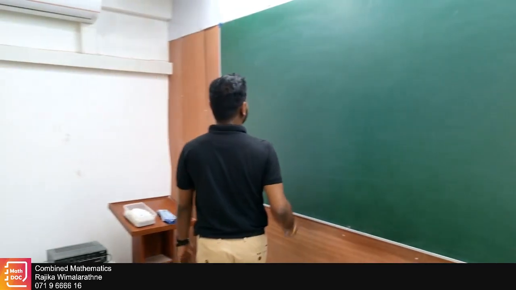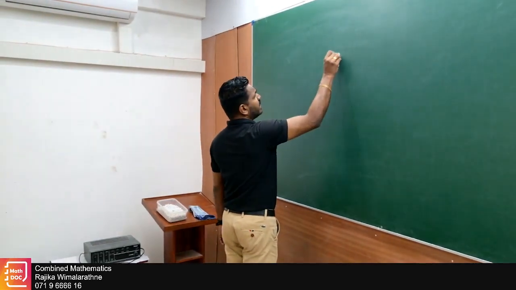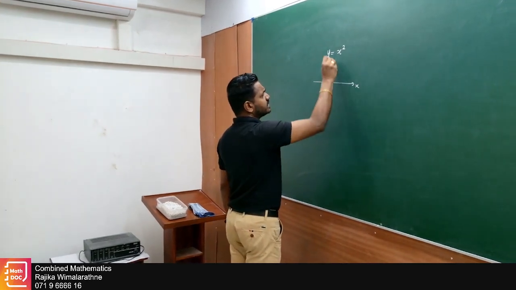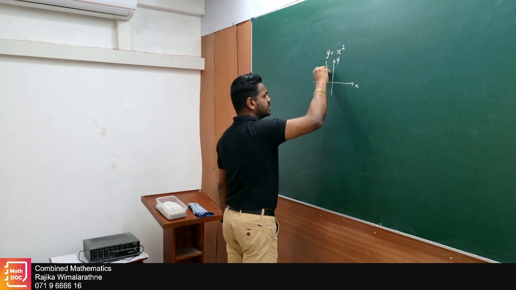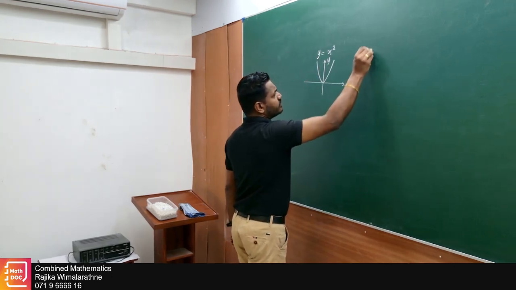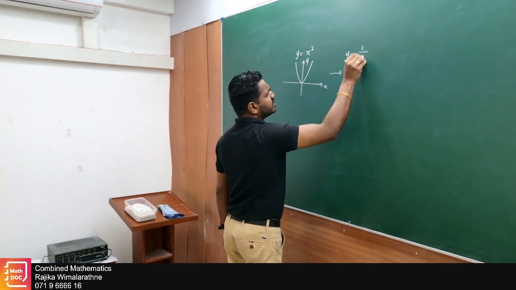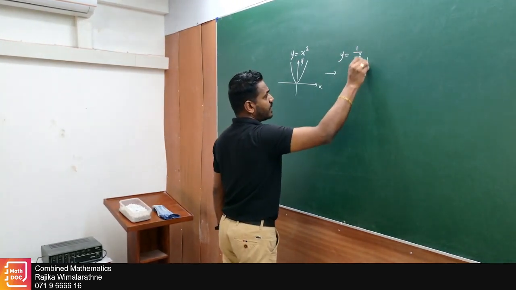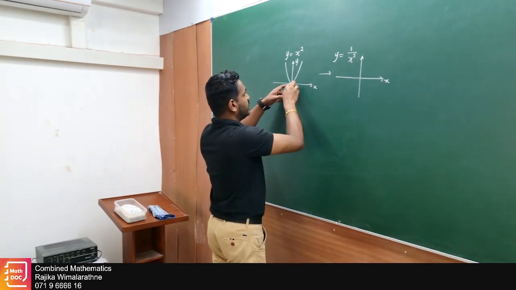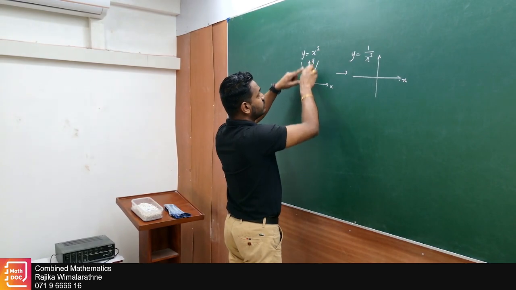y equals x squared function. Here x-axis, y-axis, minimum shape. Therefore, y equals 1 over x squared is the reciprocal function. Then you need to remember, here minimum goes to maximum, 0 goes to infinity.